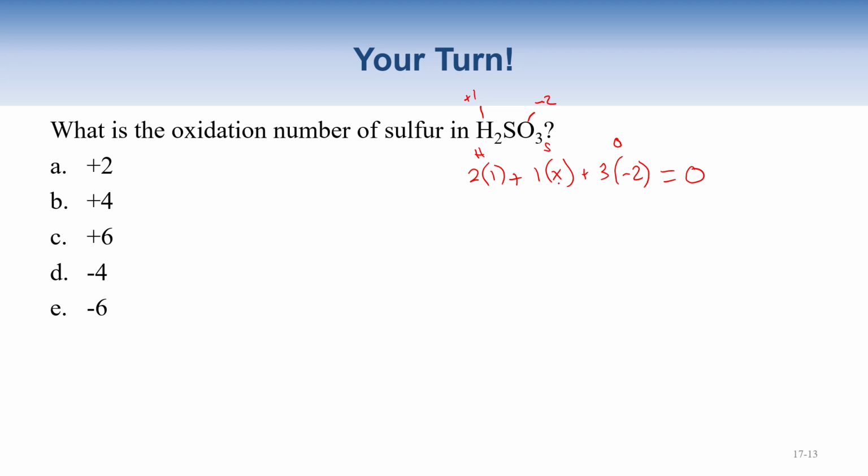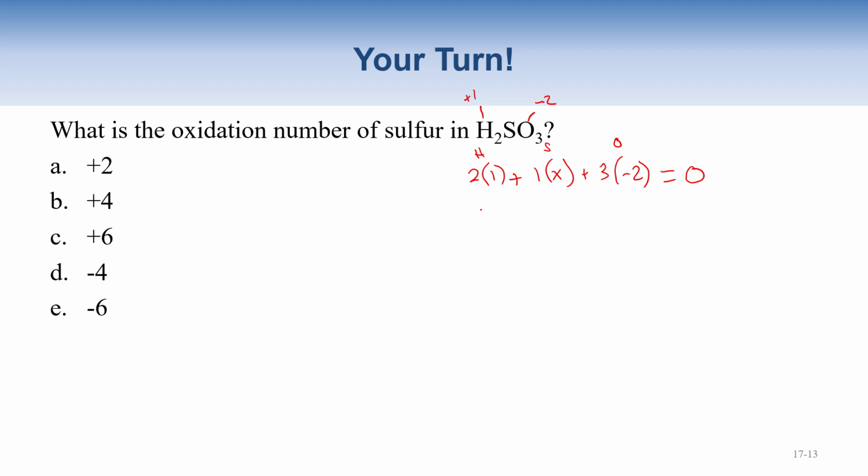The reason why I use the letter X is because it can't be mistaken for a number. If I put the letter S in here, you may think that's the number 5. If I put O for oxygen in here, you may think that's 0. So just so we can keep it clear, I like to use X, but it's your choice what variable you put in there.